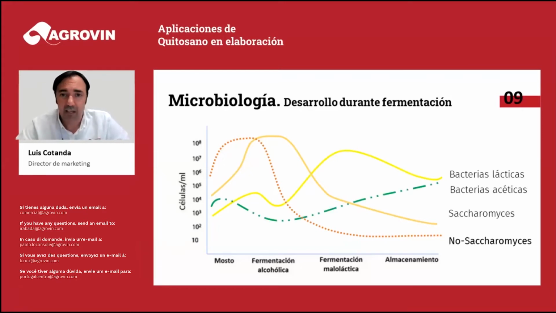Then we have also the acetic bacteria, which, at a lower level than the lactic bacteria, are also present in the bunch or the cluster, and they are going to have some more difficulties to develop because they need oxygen or a high redox potential to be able to develop. And in the case of fermentation, the oxygen practically is totally consumed and the redox potential is very low.